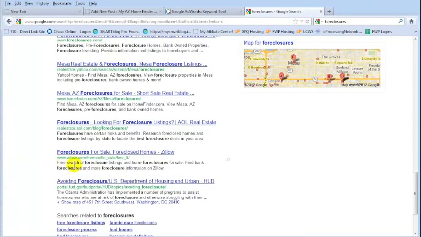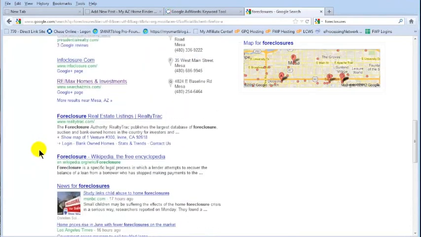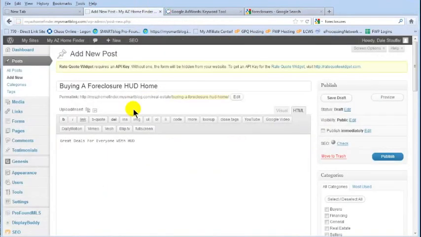Realestate.aol, they're pretty big. Zillow's pretty big for me. The HUD portal, I'm not going to beat those guys. So I can write the article and put it in my site, but I better not have any expectations as a website owner of competing or ever getting traffic to this site or to this blog post from organic search traffic. I might get people reading it once they get to my site, but I'm not going to get traffic to it.